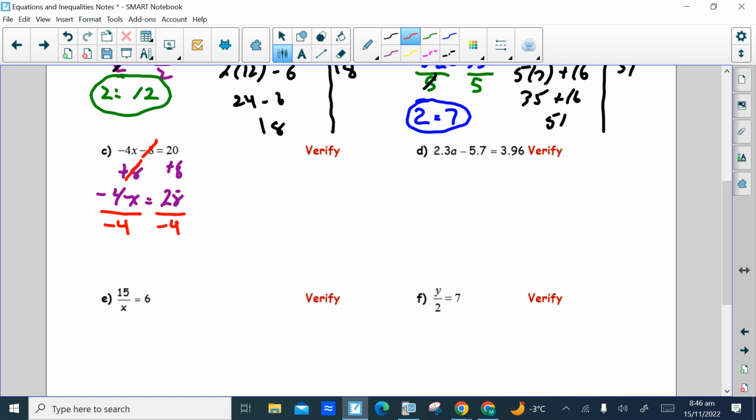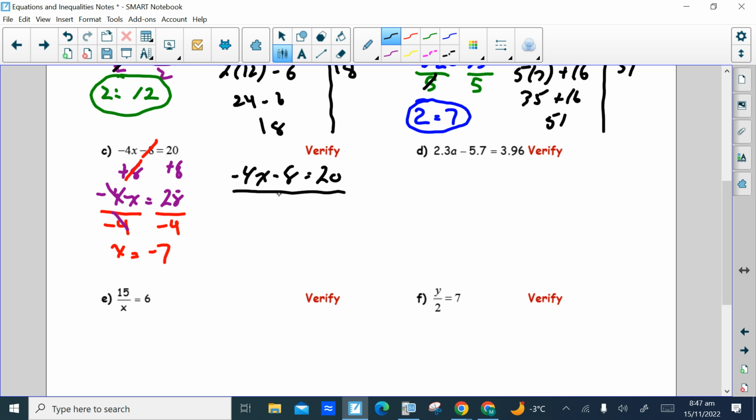Because the negative 4 and the x are hooked together by multiplication. The opposite of that is division. So on the left, negative 4 divided by negative 4 is positive 1. You'll get positive 1x, or just x, equaling. On the right, 28 divided by negative 4 is negative 7. So there's our answer.